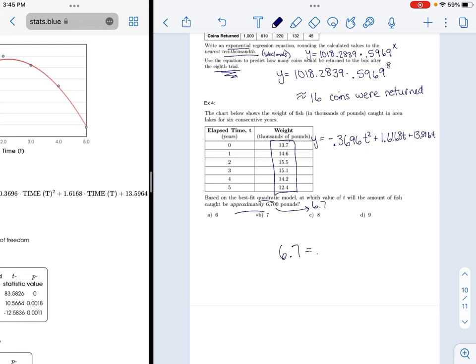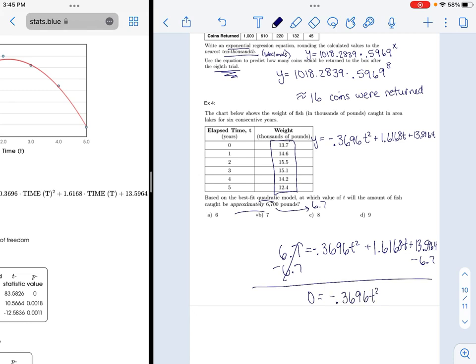So if I plug this in, I can go ahead and solve for one side to equal 0, and then I can use the quadratic formula to finish out the problem.